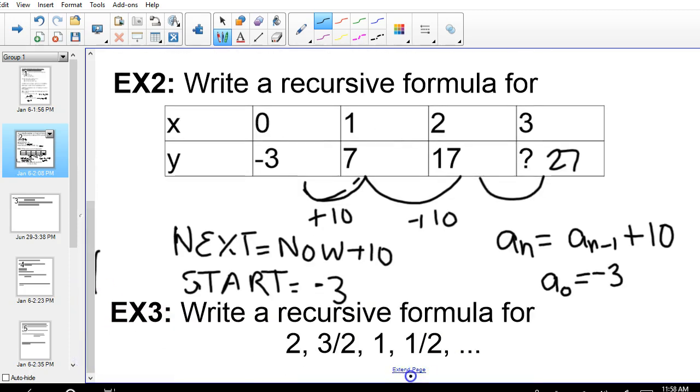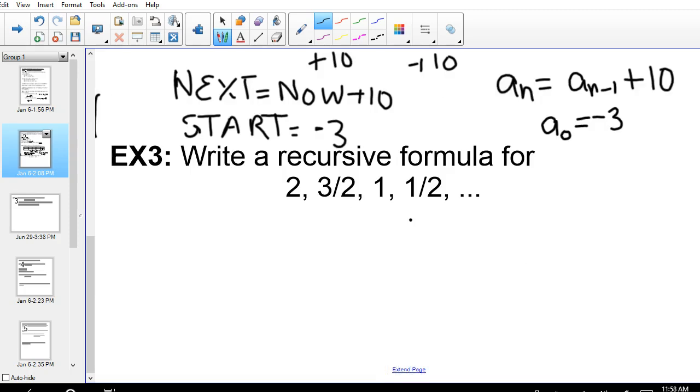All right, if we look at the next one, we've got 2, 3 halves, 1, 1 half. What are we doing each time here? We're subtracting 1 half, right? So if we want to know a term, an a sub n, we're going to take the term that came before it. What do I write for the term that came before it? A sub what? N minus 1.